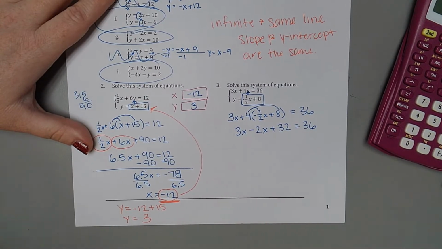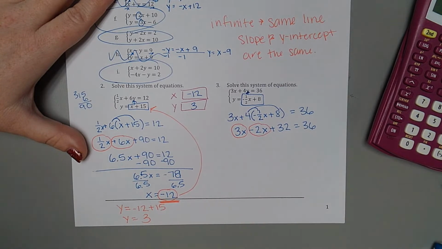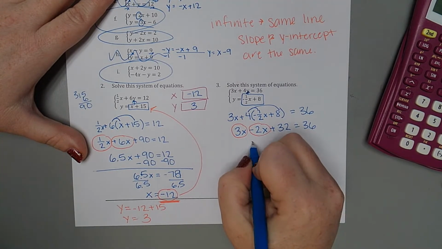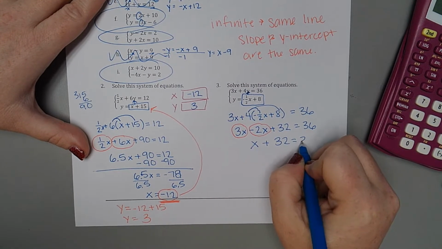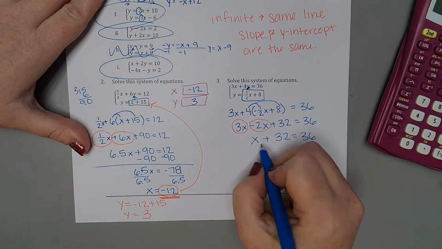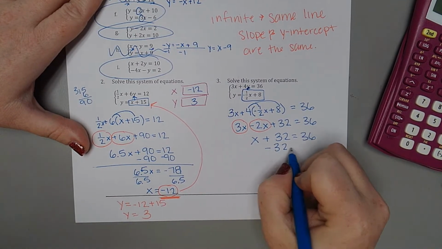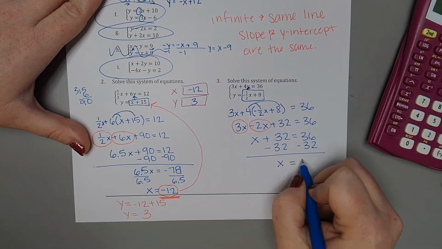I'm going to combine my like terms. I have 3x and I have negative 2x, which gives me x plus 32 is equal to 36. I need x by itself, so I need to subtract 32 from both sides, giving me x equals 4.